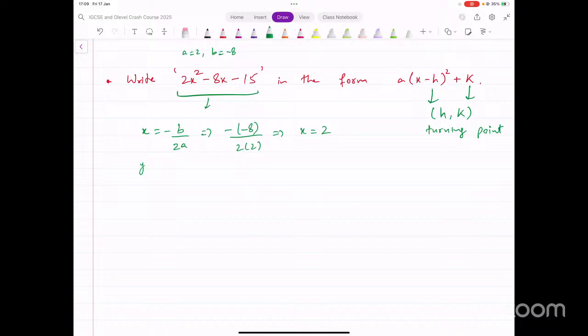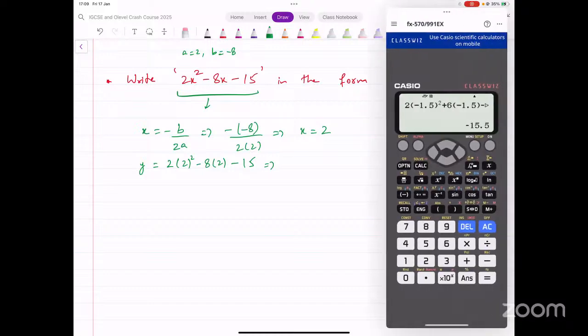Then what about the y coordinate of the turning point? We put this value of x back in the function. What does that give us? 2 into 2 squared minus 8 into 2 minus 15. What do we get from this? 8 minus 16 minus 15. I'll just do this here. 8 minus 16 minus 15, that is minus 23.